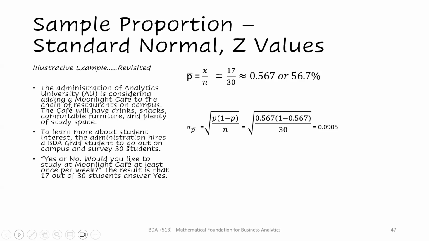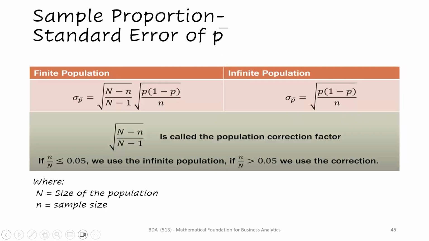In the previous one, you said if n over N is less than or equal to 0.05, we use the infinite formula, but if it's greater, we use the correction factor. Am I right? Yes. In the example you just gave, here you do not know the entire population of people on campus.